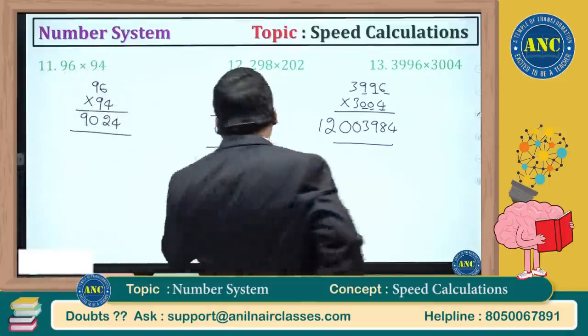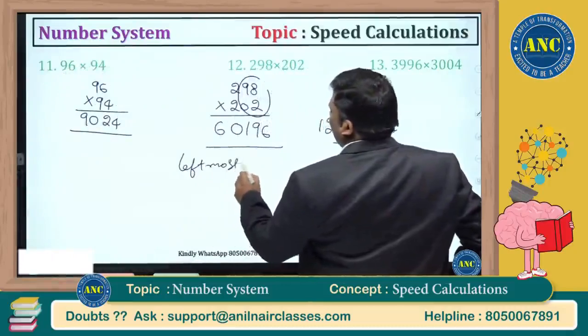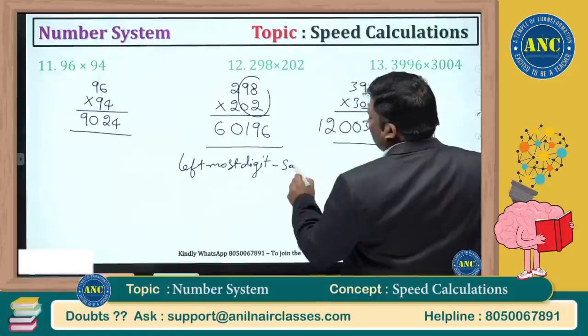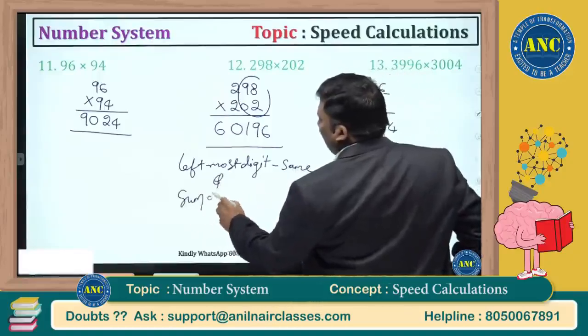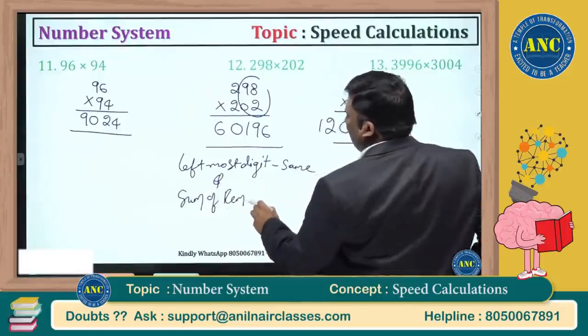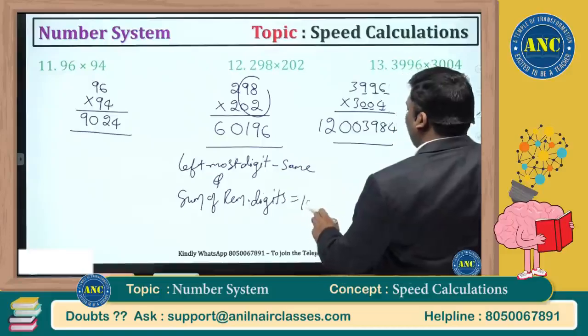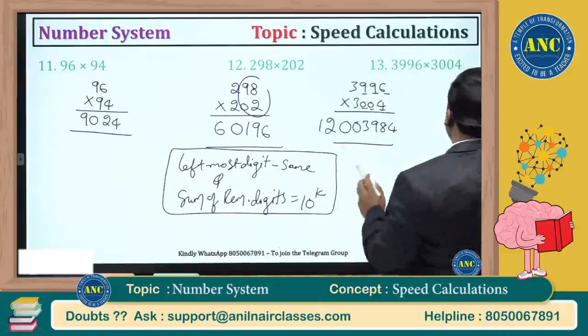Concept is clear. Again I am repeating where the concept is used: where the leftmost digit is same and the sum of the remaining digits is 10 power k, this concept can be used.